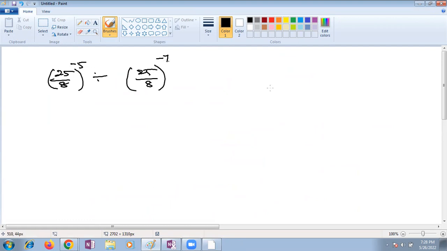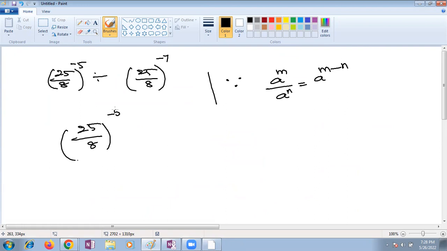You need to write which law of exponent: a power m divided by a power n can be written as a power m minus n. So I am writing it as 25 by 8 whole to the power minus 5 minus of minus 7.